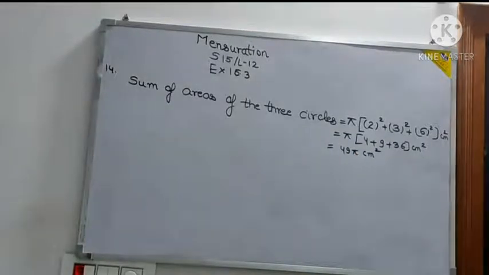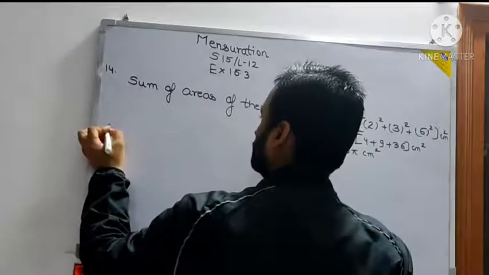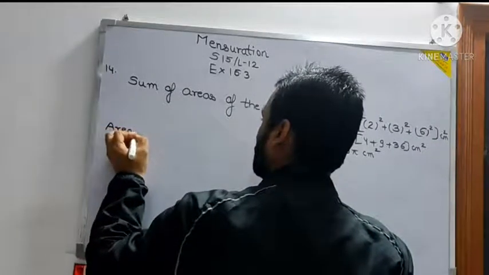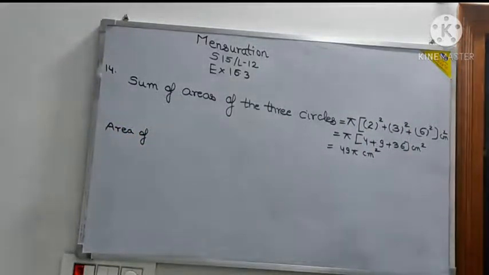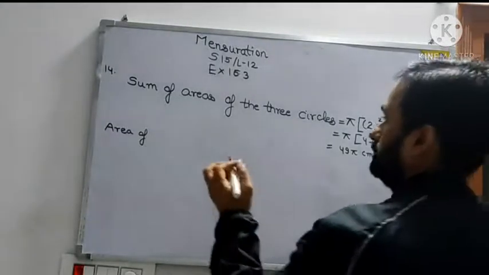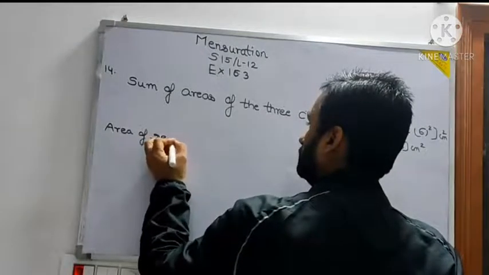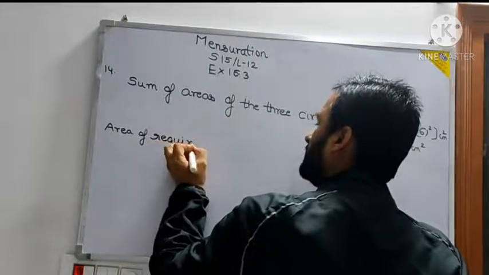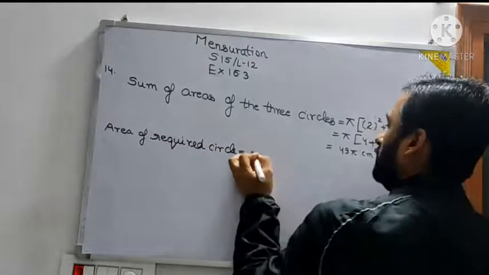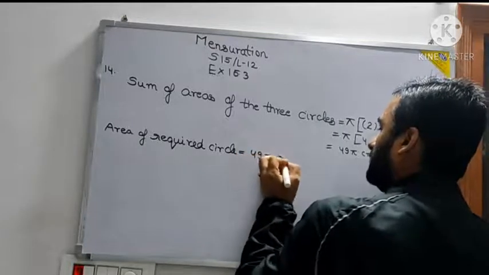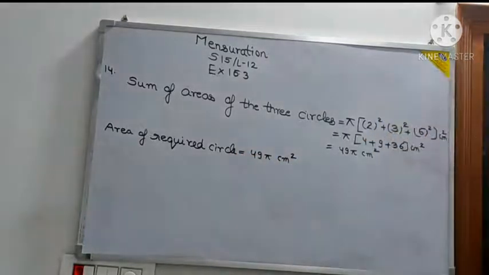Now see, 49 pi centimeter square is the area of the big circle. We can say the area of the required circle, to differentiate it, is equal to 49 pi centimeter square. Now what is the question asking? See, circumference is asked.